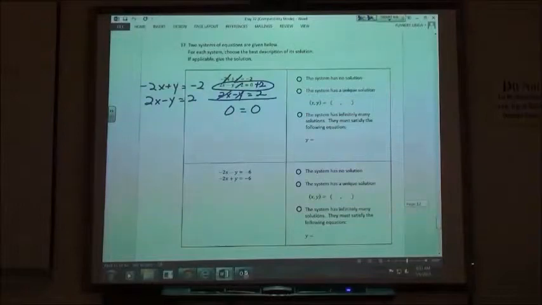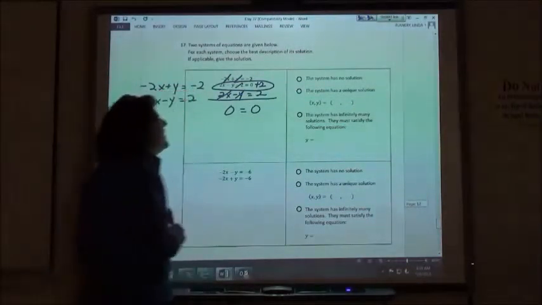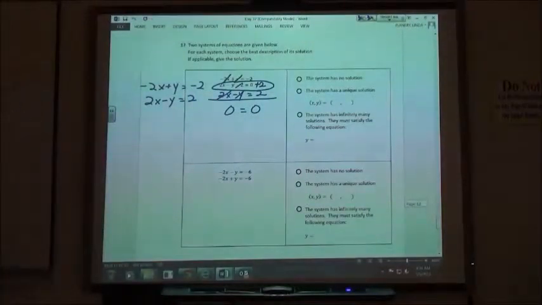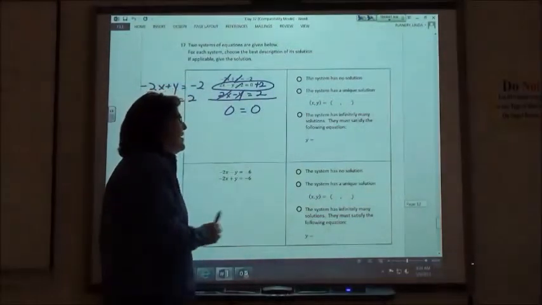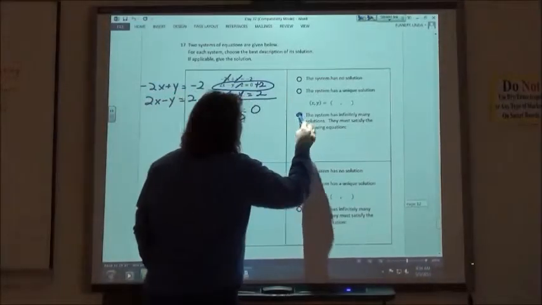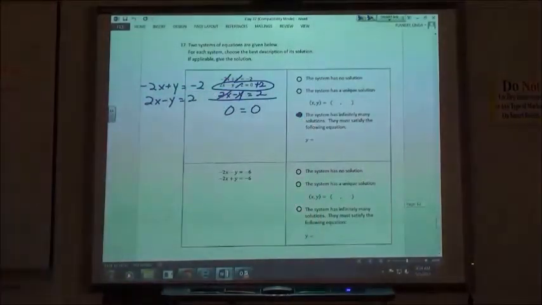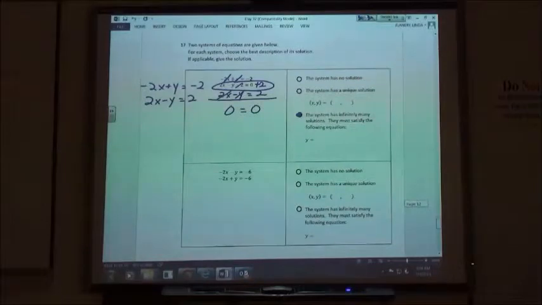The system has infinitely many solutions because 0 is always equal to 0. And then we had to rearrange our equation and solve it for y.